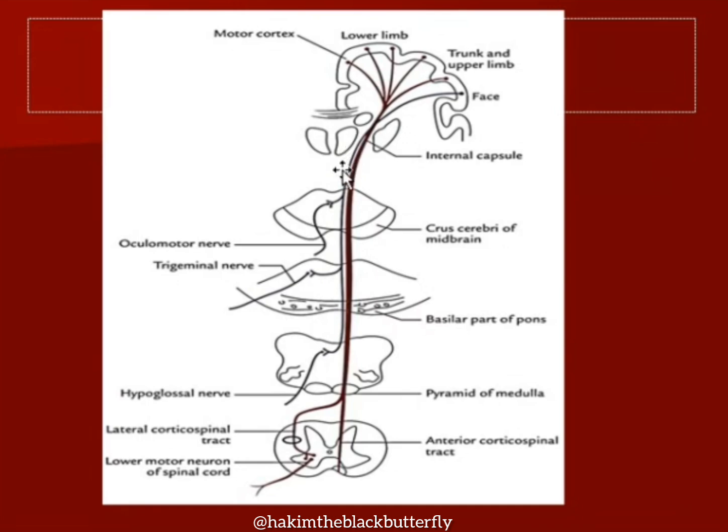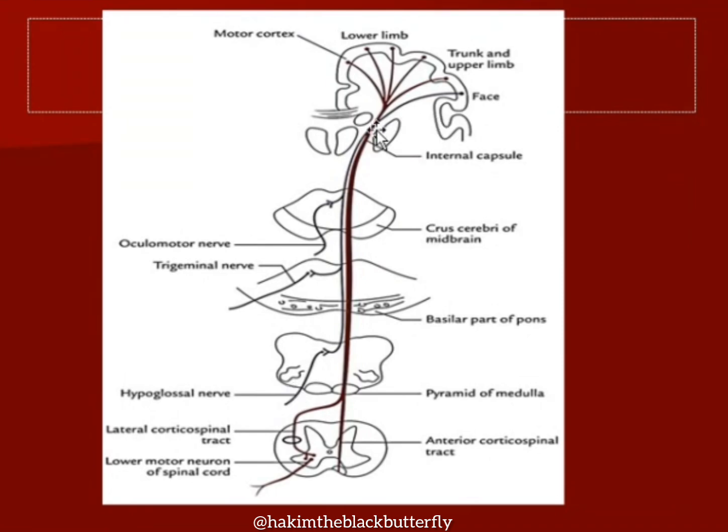Then we have the corticobulbar. Corticobulbar fibers end at the brainstem: midbrain, pons, and medulla. These synapse with lower motor neurons of cranial nerves, like the trigeminal, the oculomotor, the hypoglossal, and the facial, those which have motor neurons within them.